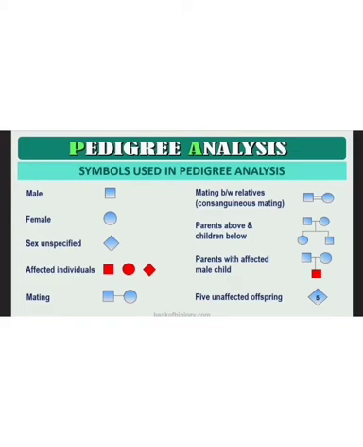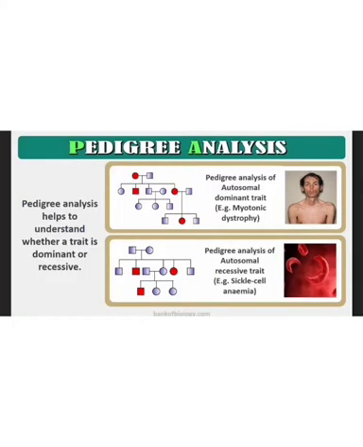The single line between a male and female represents a mating relationship. Then the double line represents mating between relatives. The second row represents the first generation. Likewise, the third row, the third generation. Okay.